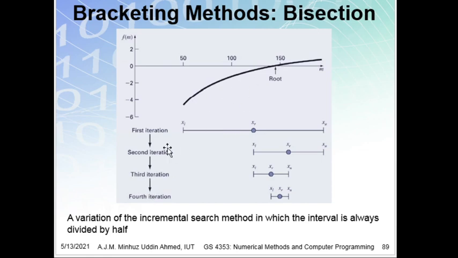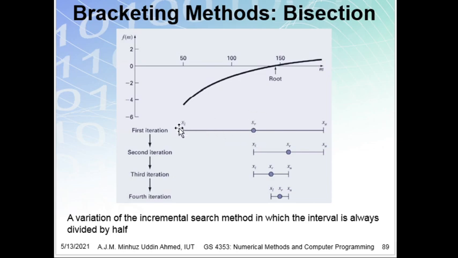In the bisection method, whenever you have defined your upper and lower limits, your next task will be to get the middle value or the average value of these two, which means I will be predicting the middle value as XR.